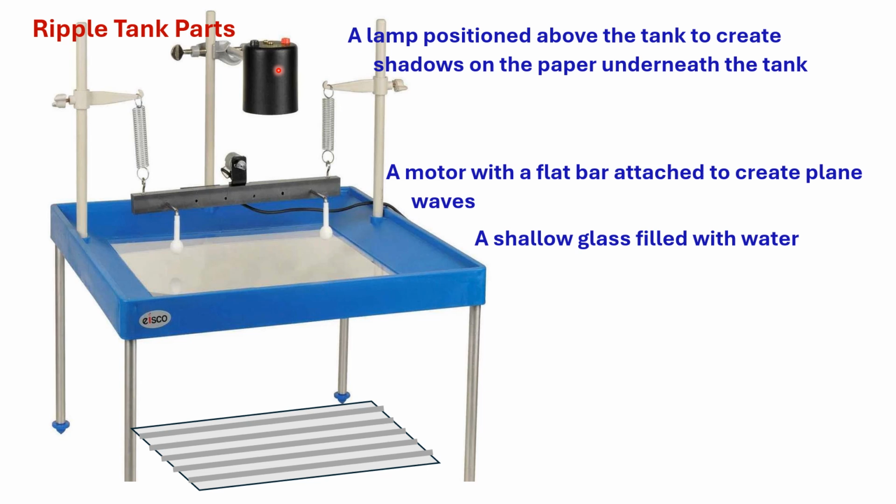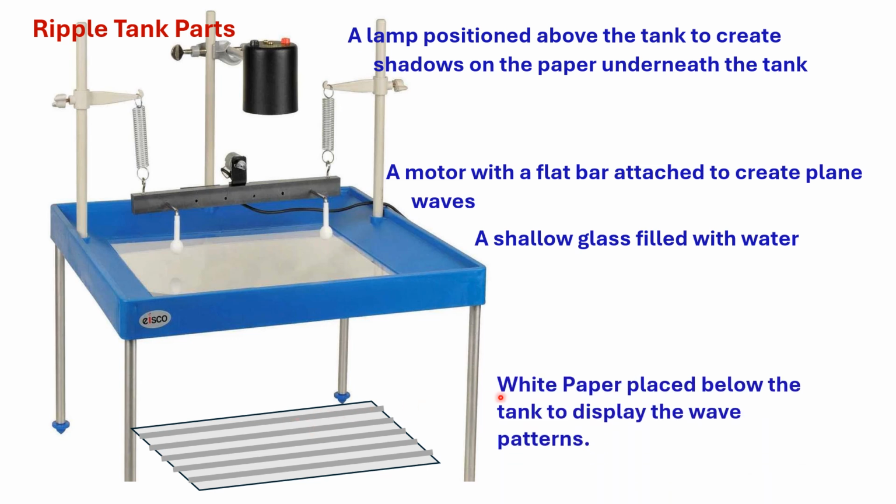Here is a lamp above the tank to create shadows on the paper underneath the tank. And here is a white paper placed under the tank to display the wave patterns. Here is an example of plane waves on the white paper placed underneath the tank.